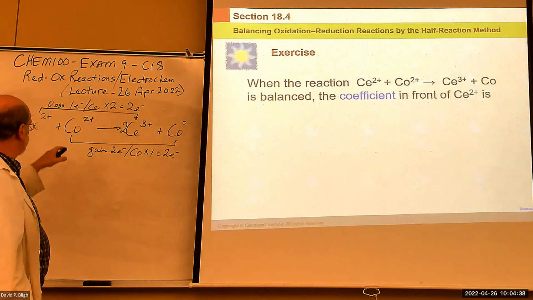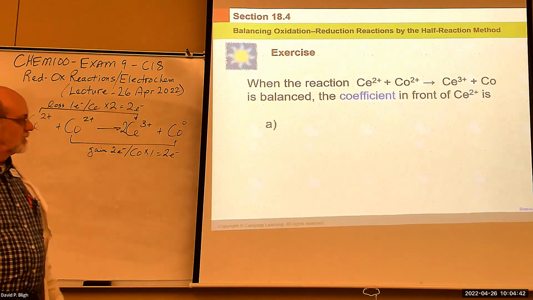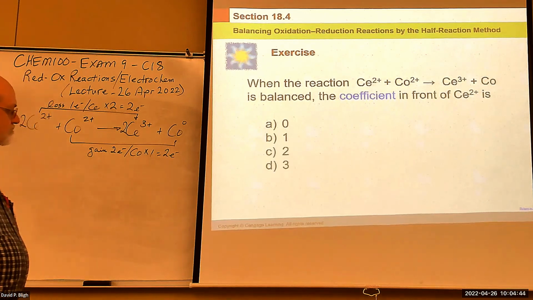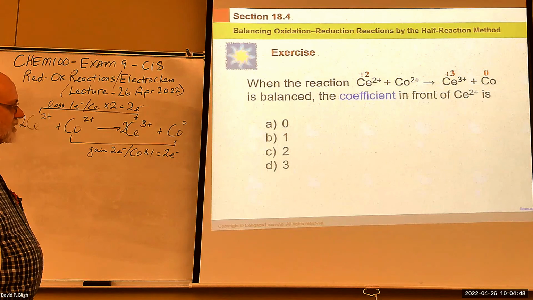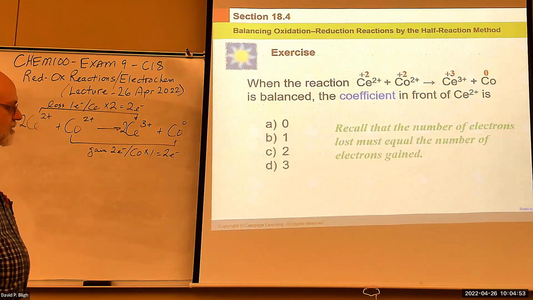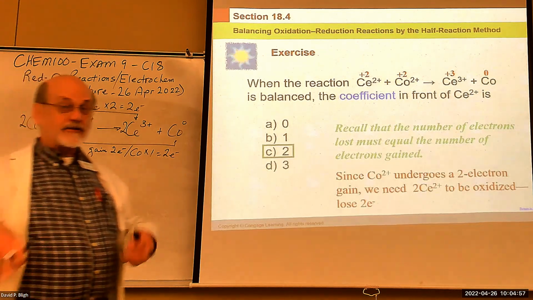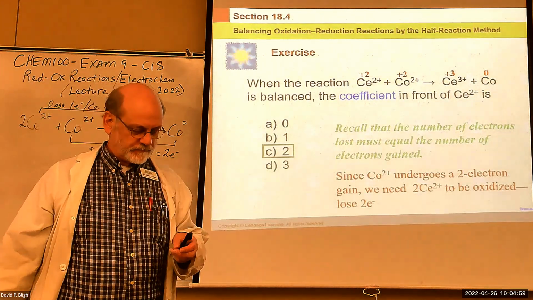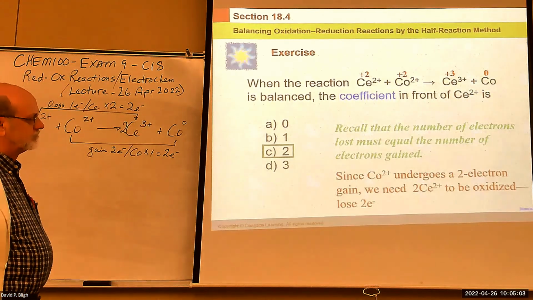Coefficient in front of cerium 2+, cerium 2+ is a 2. Okay? So we didn't have to split this one into half reactions in order to get the answer.